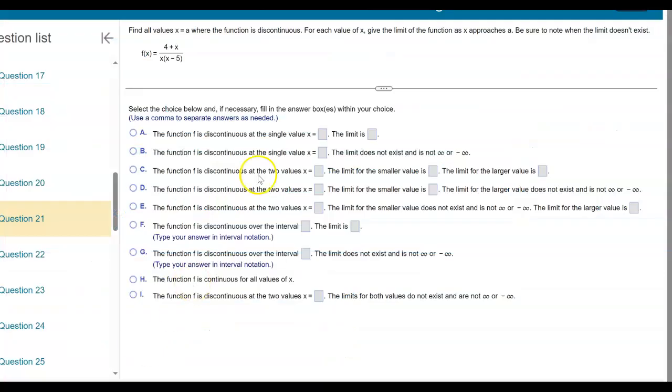If you go back to the choices here, the correct choice will be this one. The function is discontinuous at two values of x. Then you list those two values of x. And the limit for both values does not exist and is not positive or negative infinity.